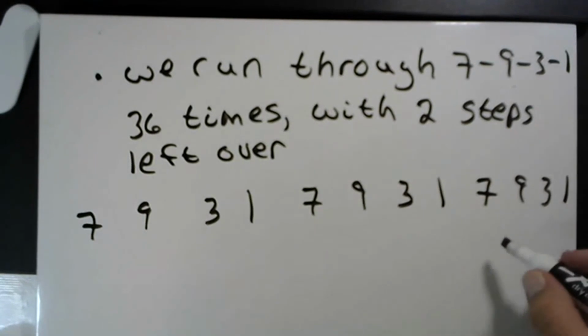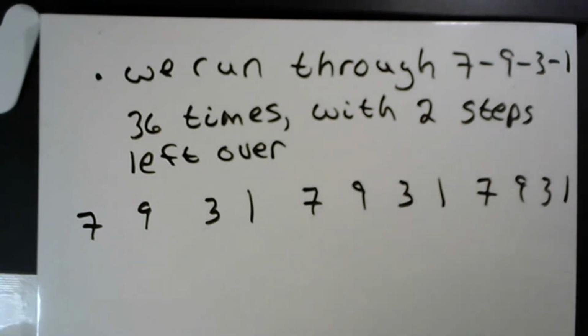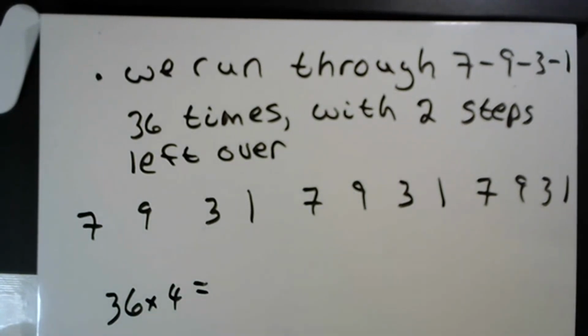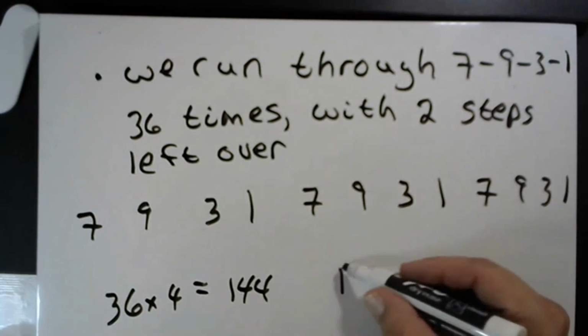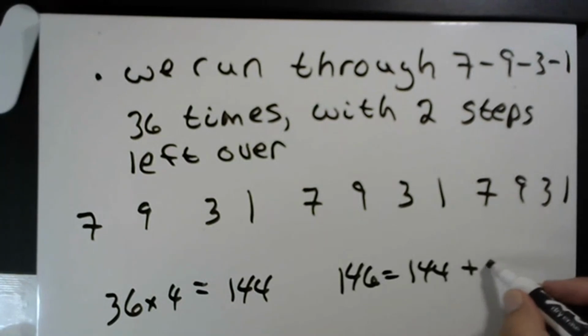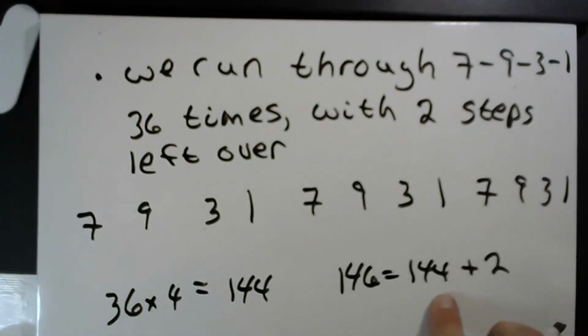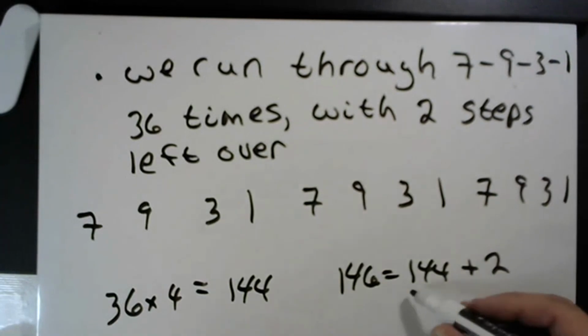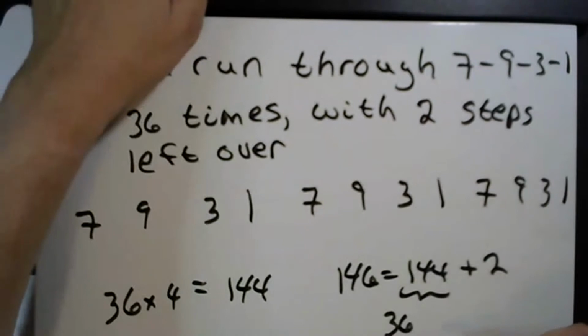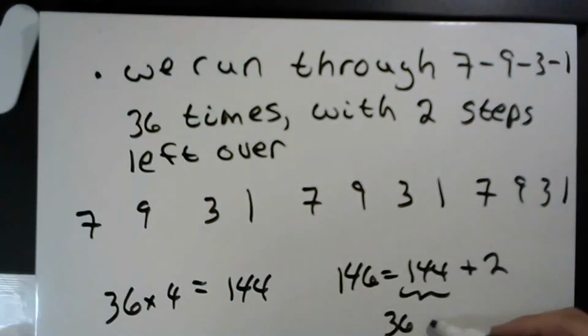If we have 36 full cycles, that takes us to 144 for our exponent. So the exponent 146 is 144 plus 2, and 144 is the 36 full cycles.